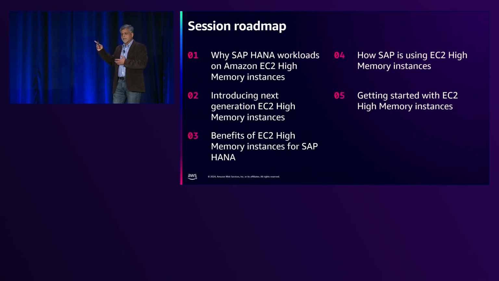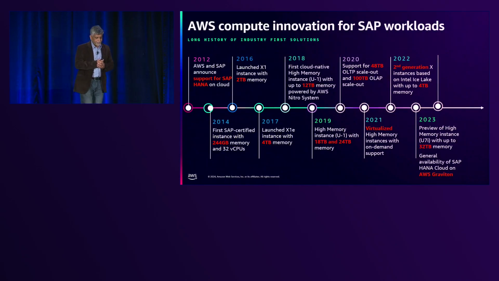And then we are going to take a closer look into why SAP uses EC2 high memory instances to power their internal workloads as well as SAP RISE customers' workloads. And then I'm going to be back here to give you some pointers as to how to get started on high memory instances. With that, without further ado, let me get started.